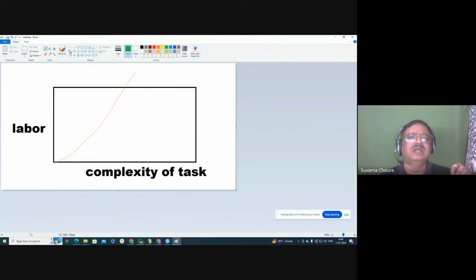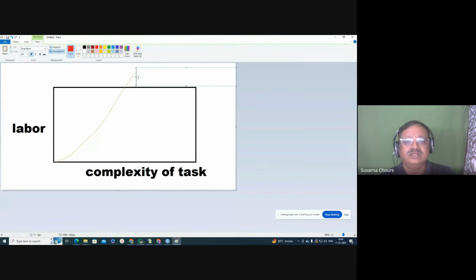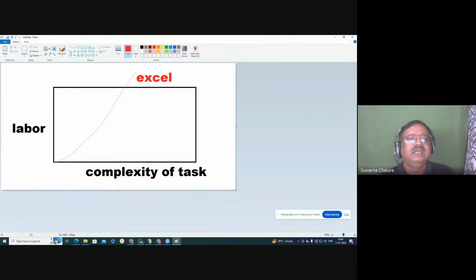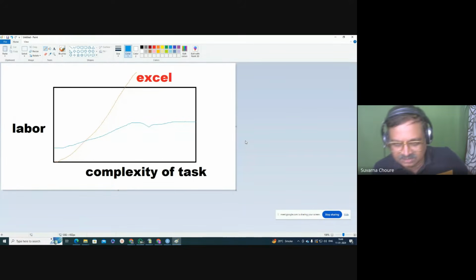I will write in there the legend for this Excel. And if I use R programming, then initially I require much labor for simple tasks. But as my task complexity goes on increasing, my labor will be much less. My efforts required, my time required, my cost required will be much less.